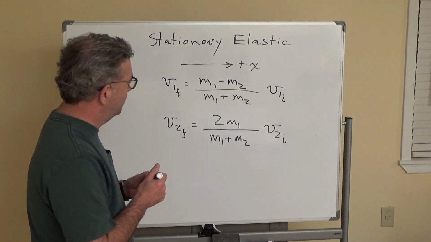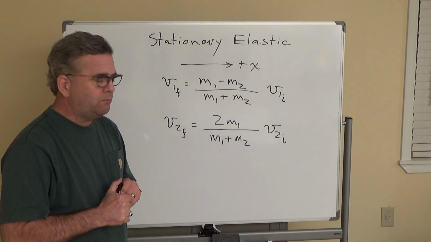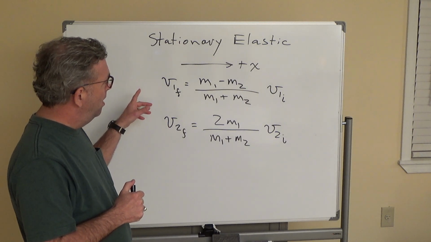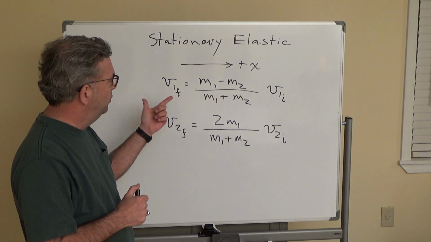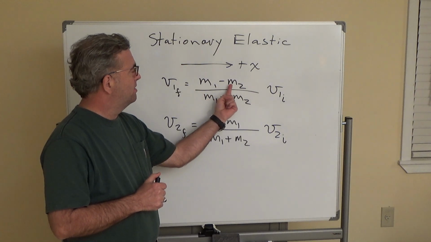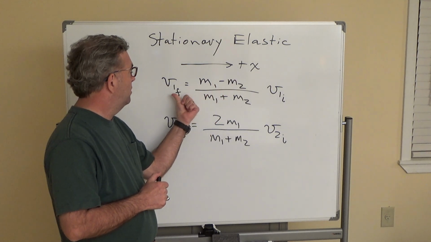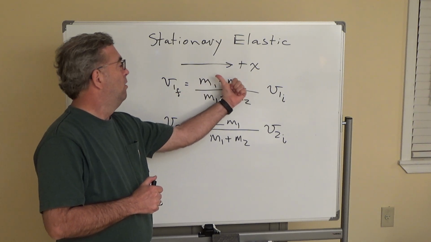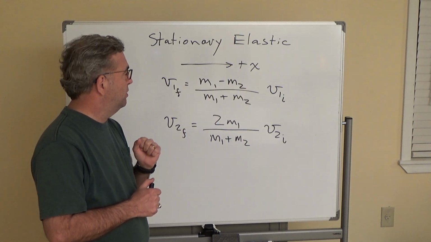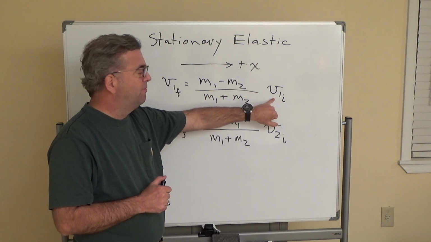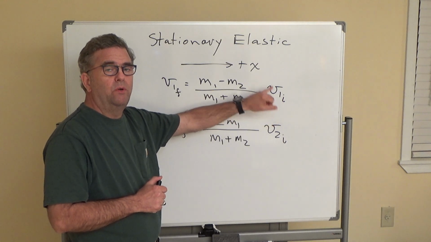In the first case that I talked about, we said that M1 is less than M2. Well, if M1 is less than M2, that gives you a negative, and that's what we saw, that V1 final was in that opposite direction. You got a negative of V1 initial.